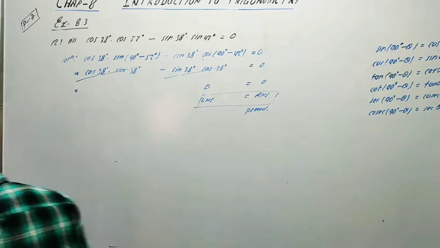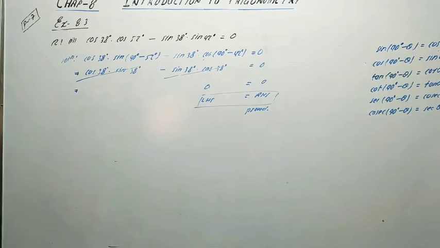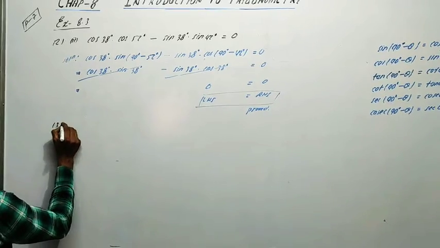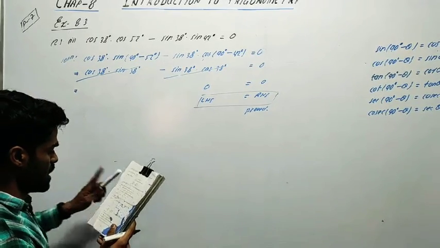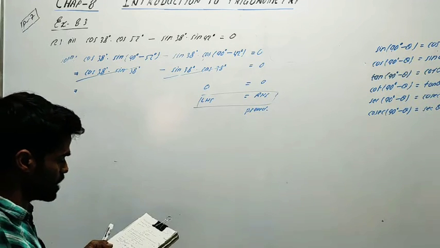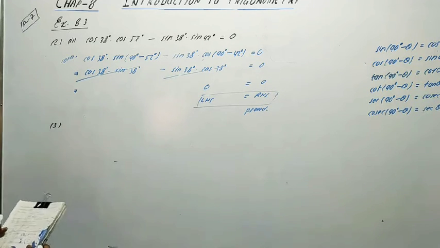Question number 3. Let me read the question. If tan 2a is equals to cot a minus 18 degree, where 2a is an acute angle, find the value of a.